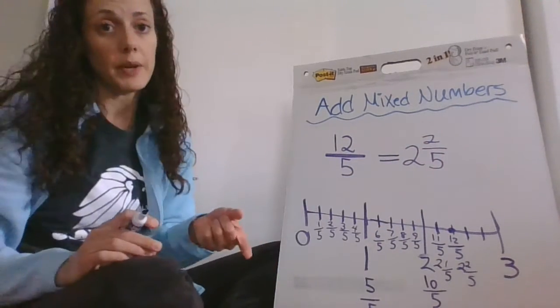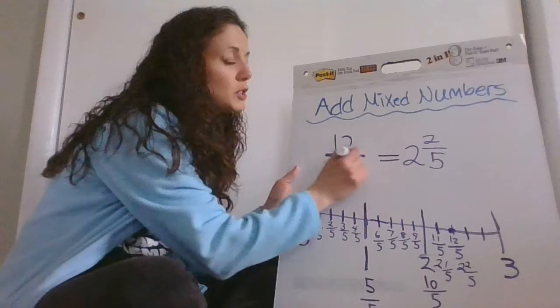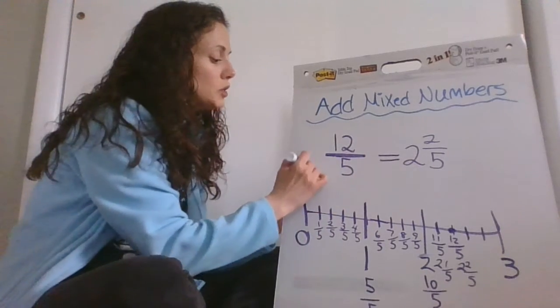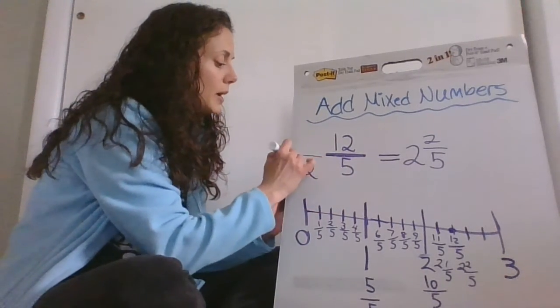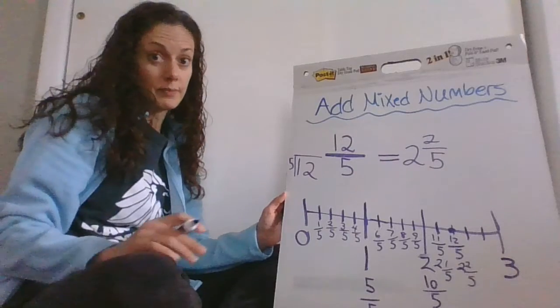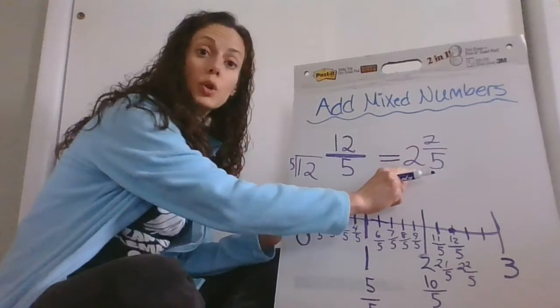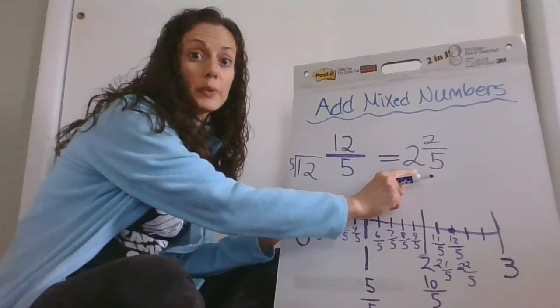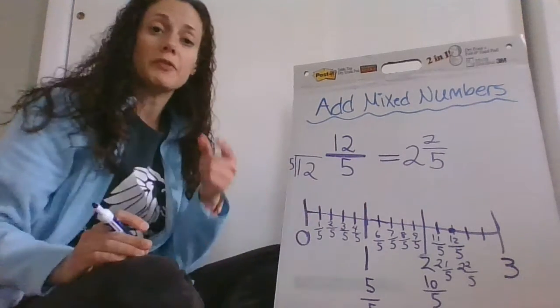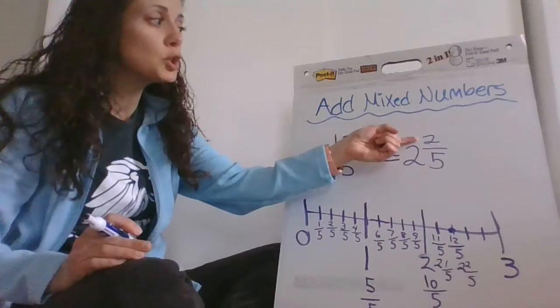And if you think about it, we know that this line means to divide. If we do 12 divided by 5, right? 5 can fit into 12 2 whole times, because 5 times 2 is 10. And then to get from 10 to 12, it's 2 more.